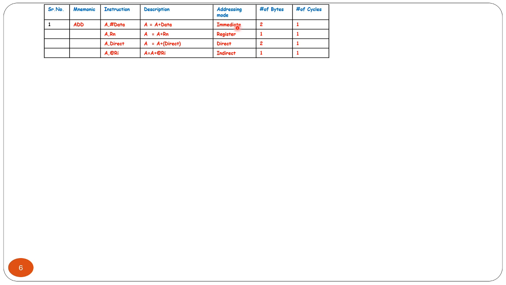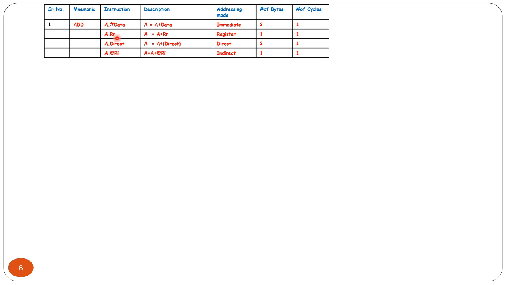It is the immediate addressing instruction. The number of bytes required to store this instruction is 2 memory locations. This instruction needs 1 machine cycle to execute. So this is about ADD A, #data.